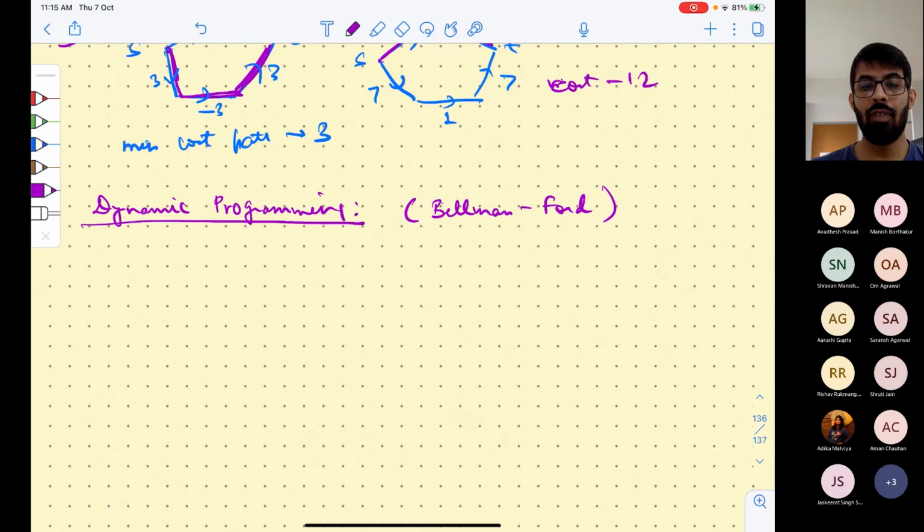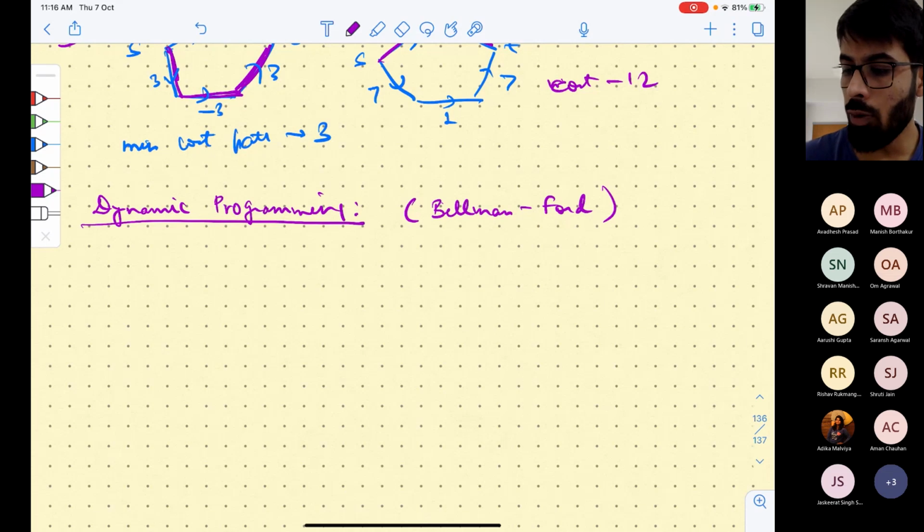And this is one of the first dynamic programming algorithms that is known. And then Bellman was the one who started this whole thing basically of dynamic programming and how to do it.